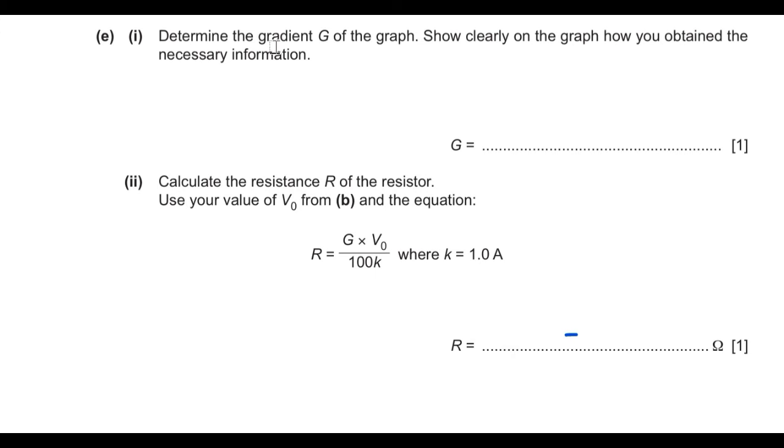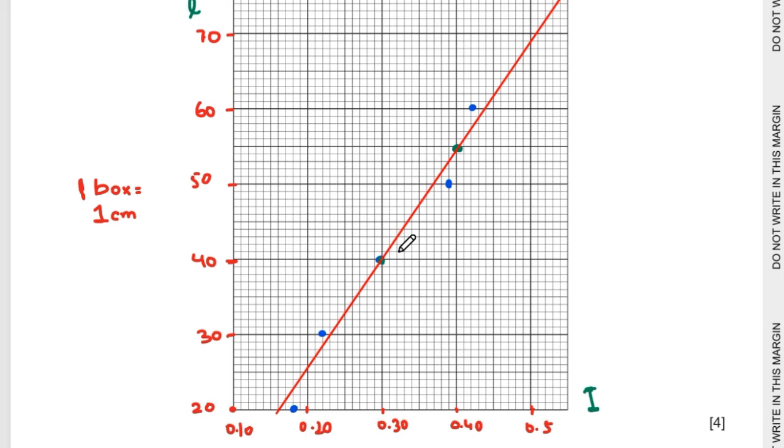Now part number 1 says determine the gradient of the graph. Show clearly on the graph how you obtain your necessary information. To get the gradient, I will mark 2 points on the graph and note their coordinates. For this point, it is 0.3 and 40. And for this point, the coordinates are 0.4 and 55. I am naming one as x1, y1 and the other as x2, y2.